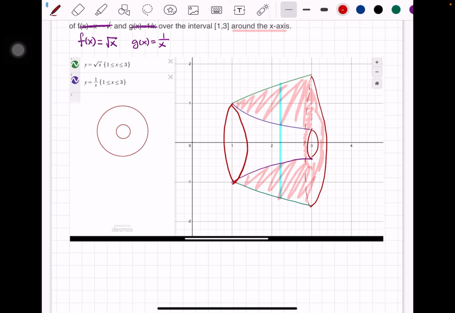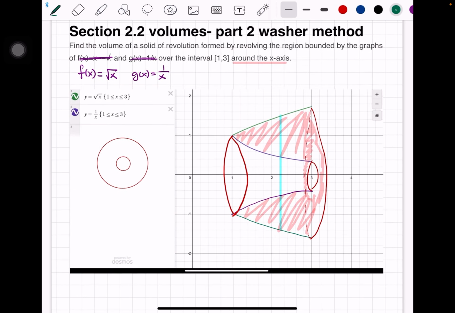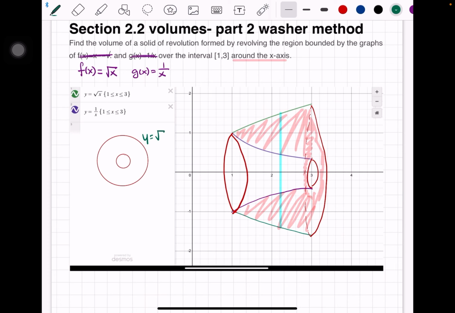And we know how to find the area of a circle, which is pi r squared. So we will need to find two different r's. The outside function is y equal to square root of x. The inside function is y equals 1 over x.